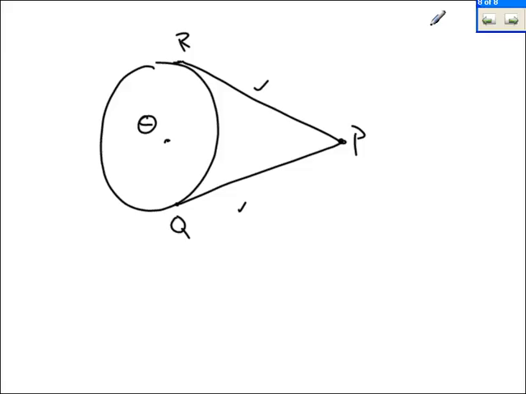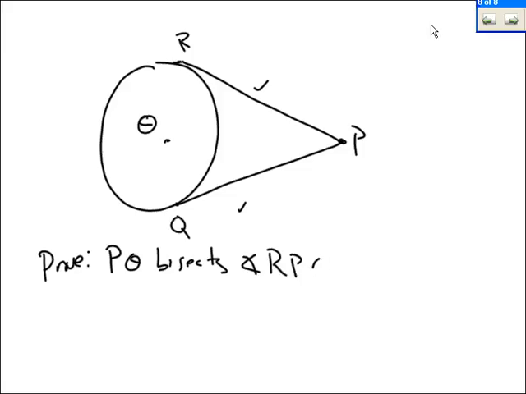That's given. And you want to prove that PO bisects angle P, angle RPQ, this angle right here.